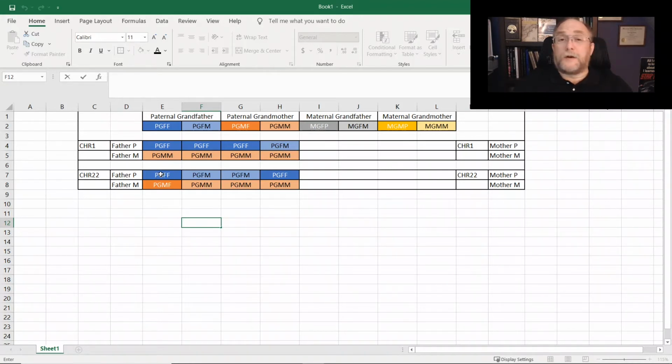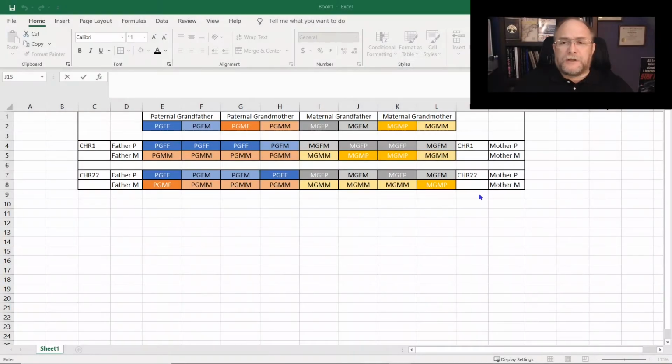The beginning of it was from his paternal grandfather, and the end of it was from his paternal grandfather, but the middle of his chromosome was from his paternal grandmother. Now likewise, in the mother's side, he received 1 part from his paternal grandmother's father, and he received 3 parts from his paternal grandmother's mother. Now let's go ahead and do the other side.